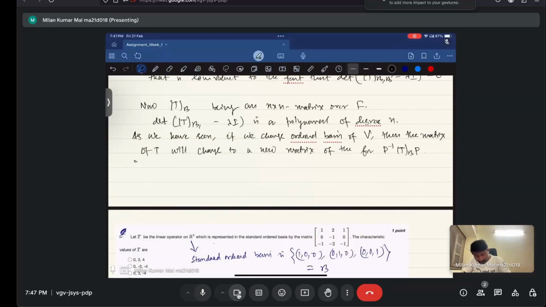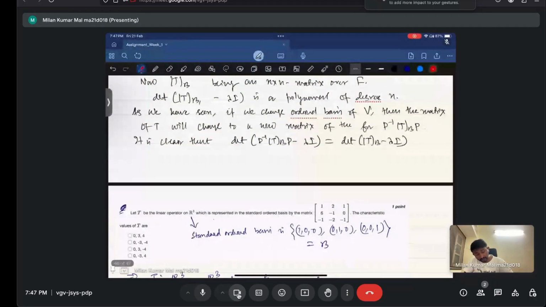And it is clear that the determinant of P inverse TP minus lambda I is equal to the determinant of T minus lambda I. This is an easy check.